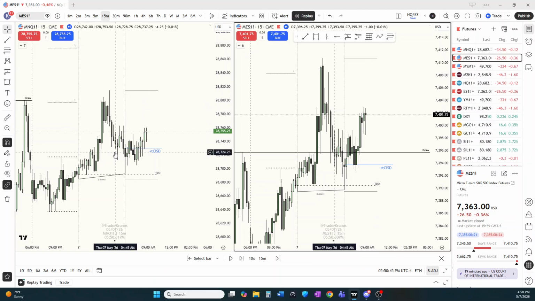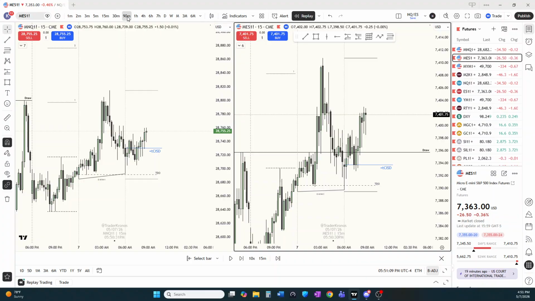Now the next thing I want to do is, just because I have a sequential SMT doesn't mean I just blindly take that. Just like I did on the daily candle, and I'm profiling these candles, I want to see how did these candles close so that I can get a better assessment of if this candle here is framed and likely to expand.